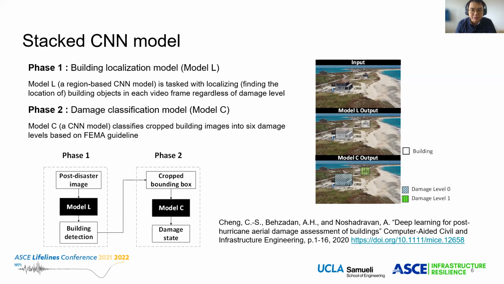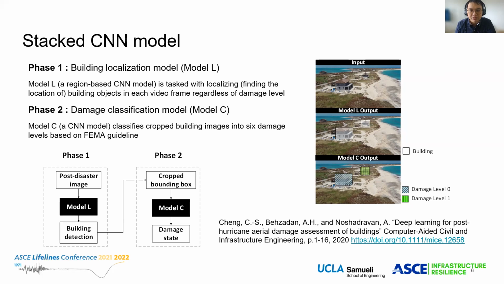As shown in the figure below, in phase one, model L will locate buildings in the input images. Then in phase two, model C can use the cropped images to classify the damage level. Model L is architected based on RetinaNet, and model C is based on MobileNet.